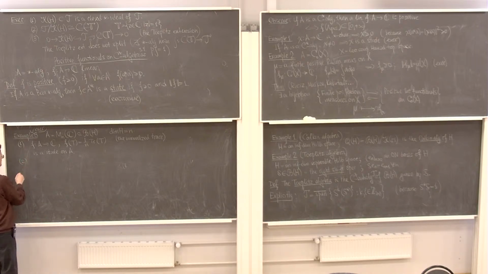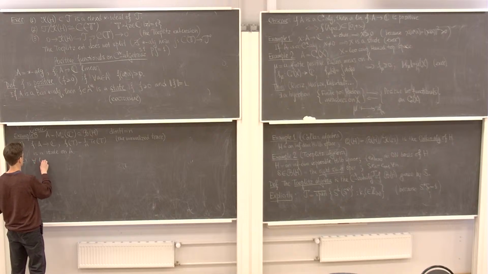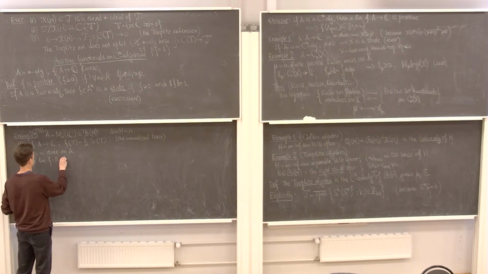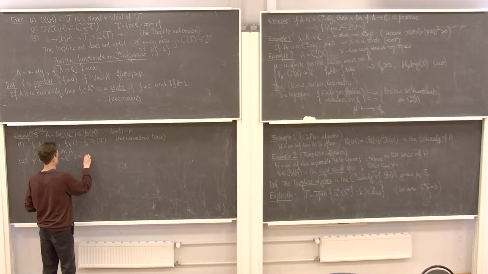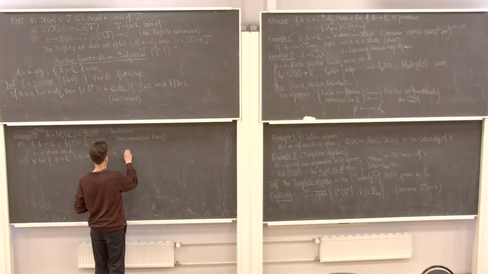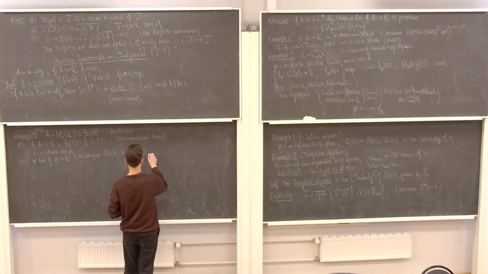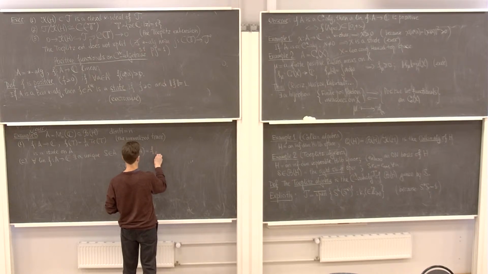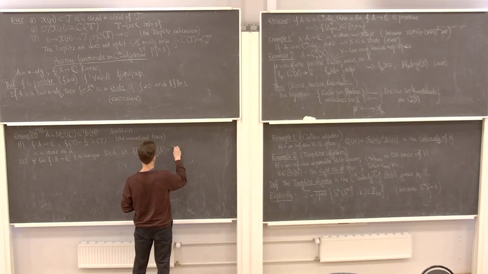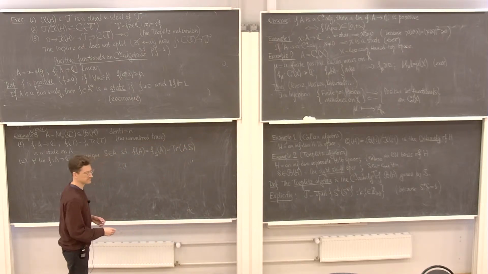In fact, it's rather easy to describe all states on the matrix algebra. To do this, let's observe that for every linear functional f on A, there exists a unique S in the same algebra such that f of A, denoted by f_S of A, is the trace of the product AS.